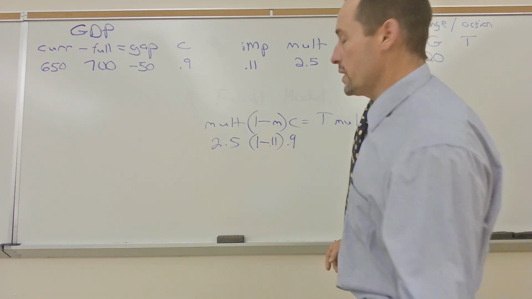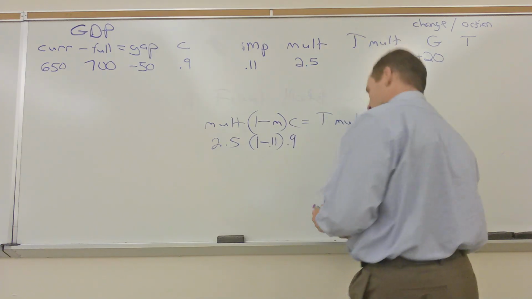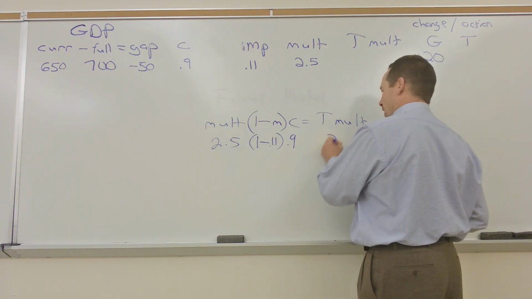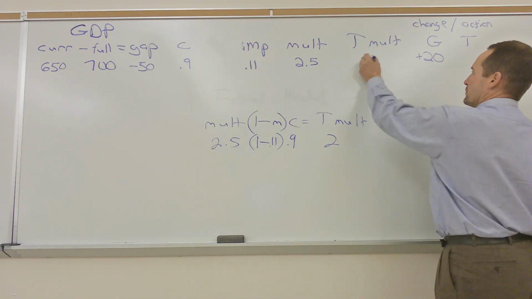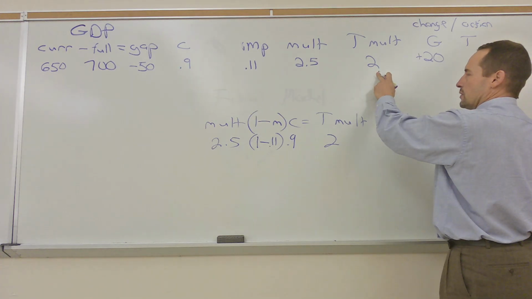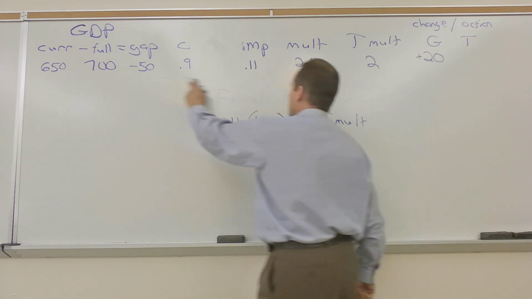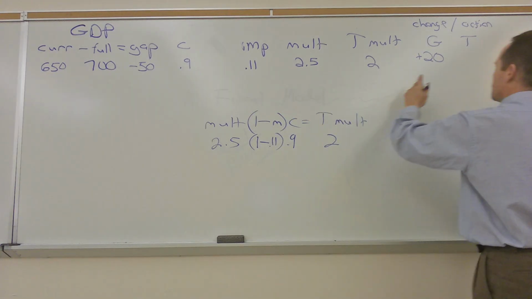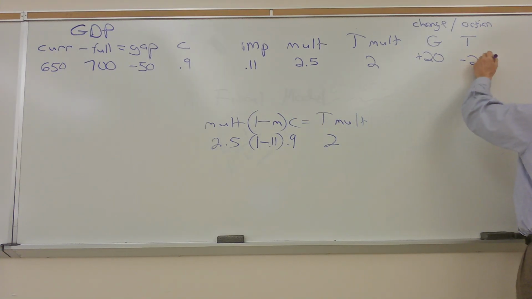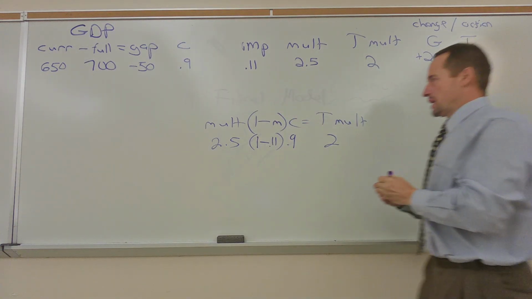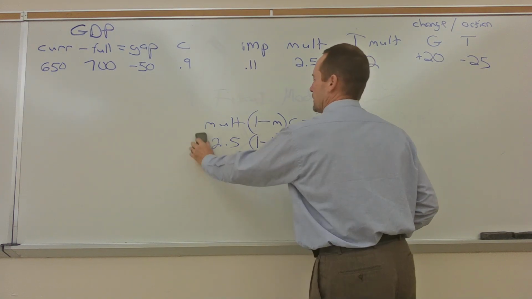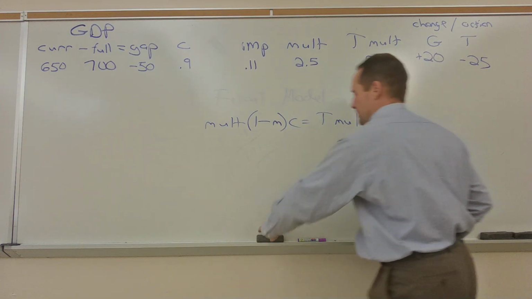So now we know that the tax multiplier is 2.0. We fill that in. To fill a GDP gap of negative 50, what times 2 equals 50? We have to cut taxes by 25. So we cut taxes there by 25. Let me clear out these values, and I'll keep that there.